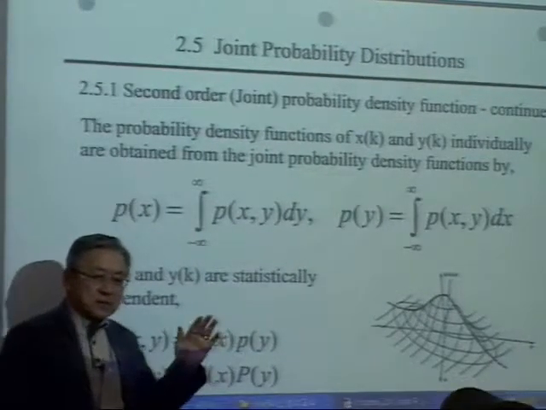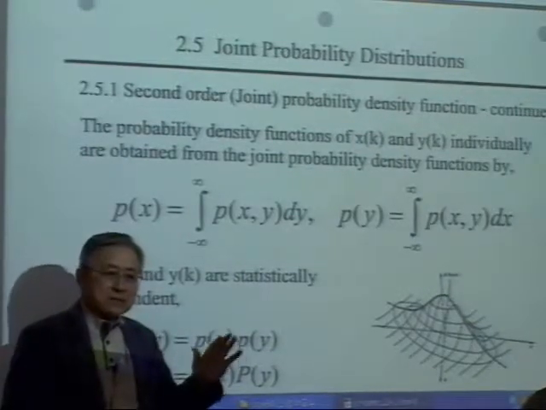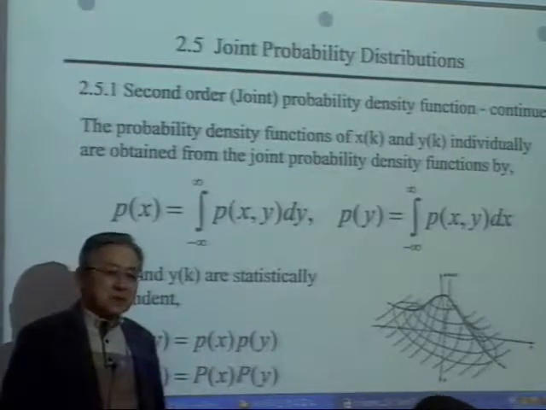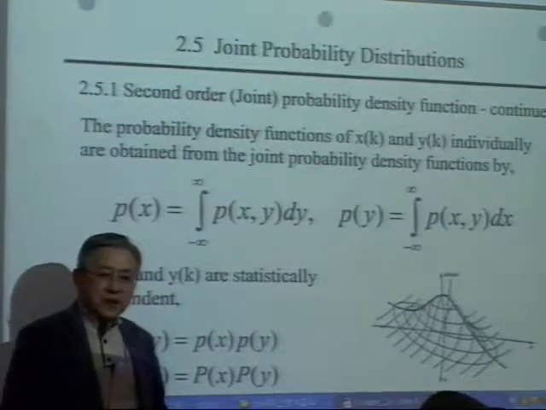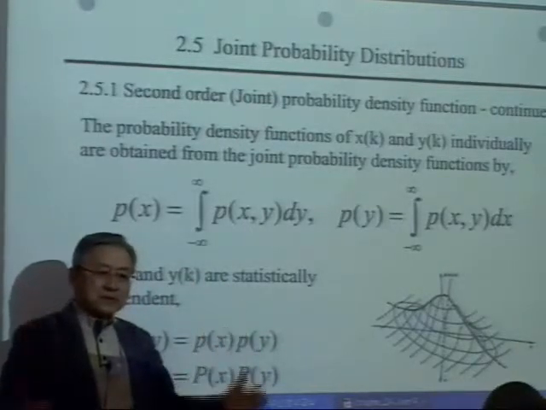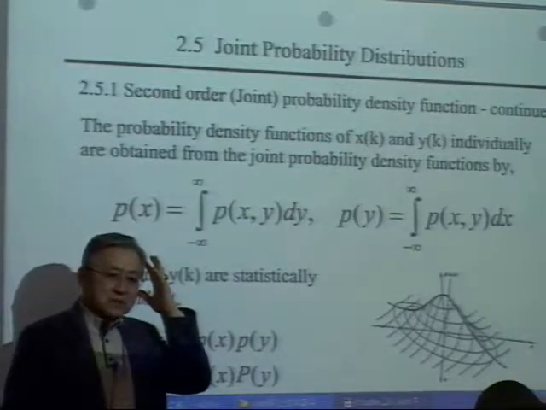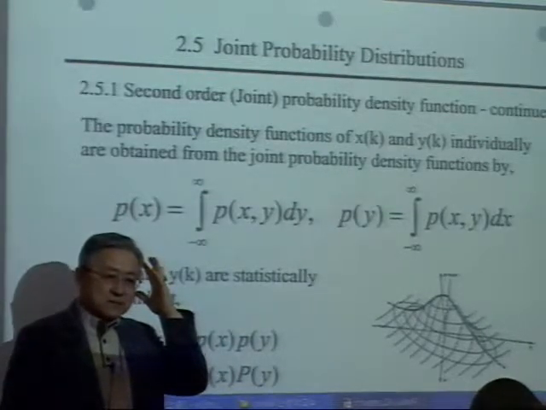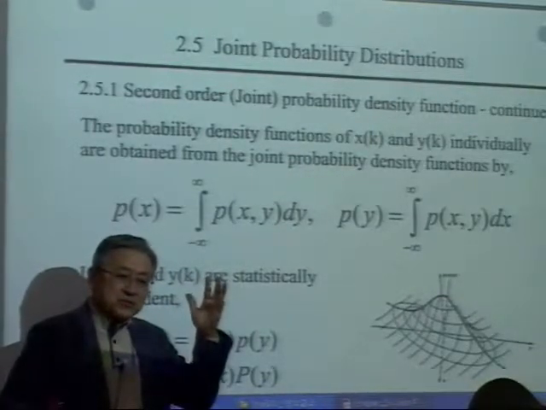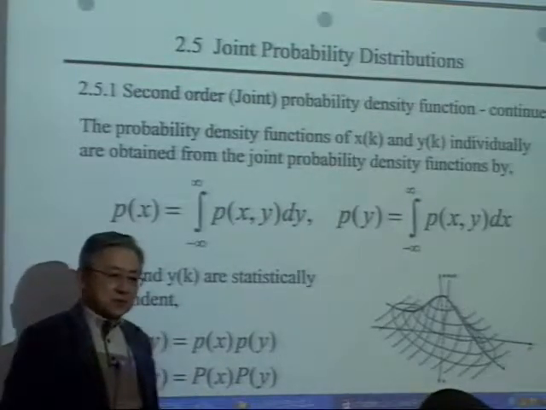In other words, y is not caused by x. They are really two individuals. Not after marriage. Before marriage, two perfect individuals whose thought processes are completely different from one another. That's independent. When you say dependent, they are correlated with each other.